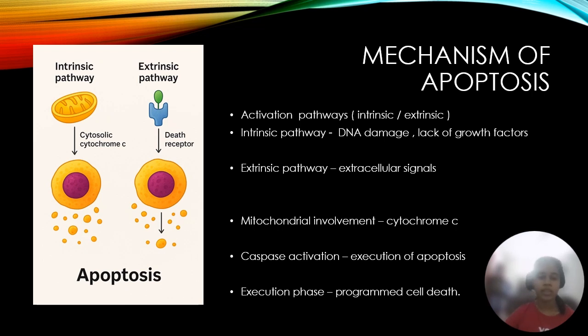Another thing is that sometimes you need amplification of the signal, in the case of the extrinsic pathway. In that case, caspase 8 will cleave BID, a pro-apoptotic regulatory protein.